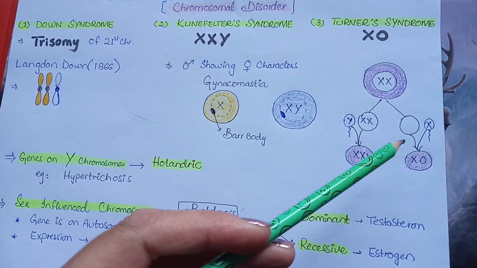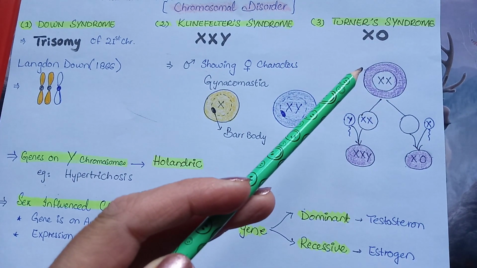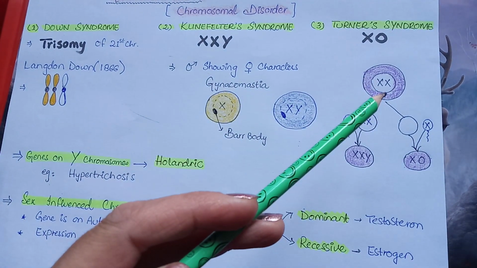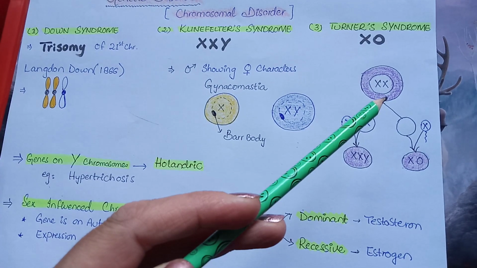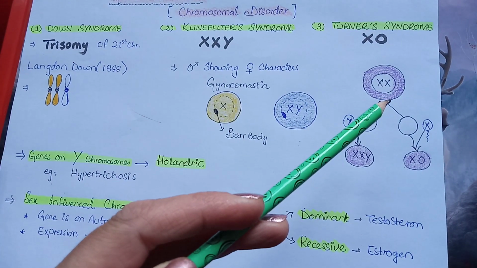But here in the case of X0, in Turner syndrome, this is again due to the genetic disorder. As we said, this individual is going to be female, but invariably they are sterile.